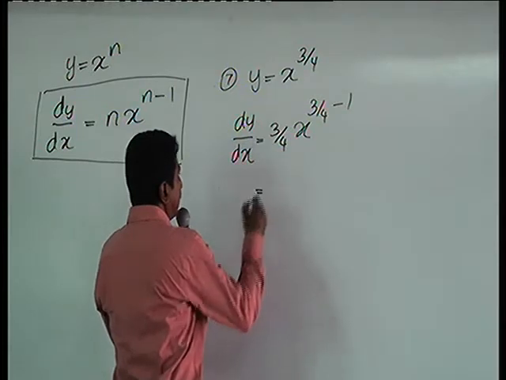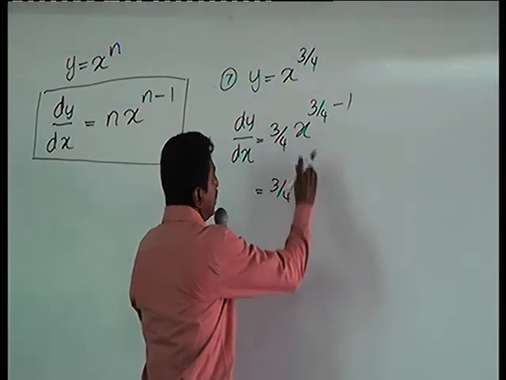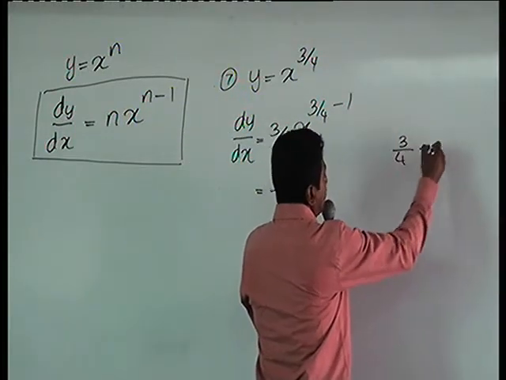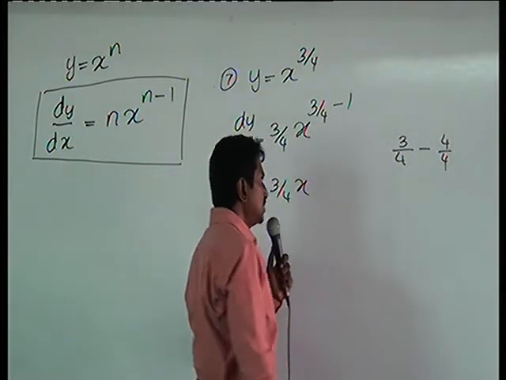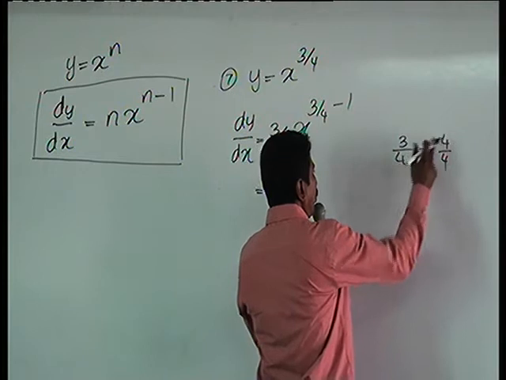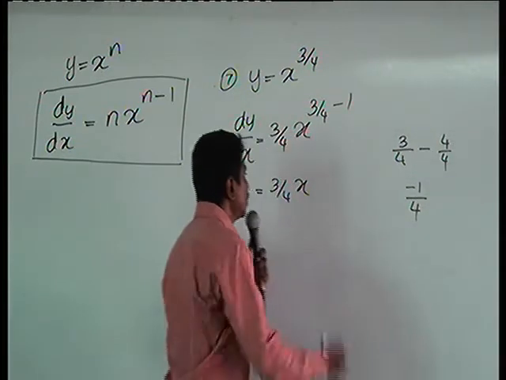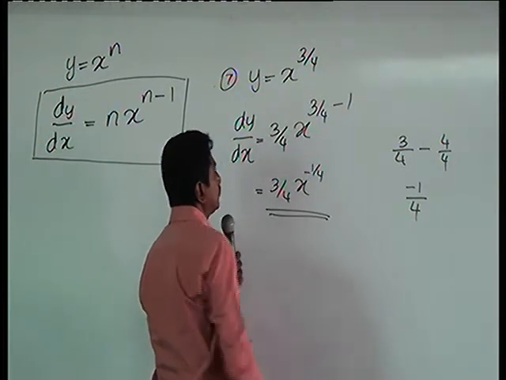So this is equal to 3 over 4 x to the power 3 over 4 minus 1. Minus 1 means 4 over 4. So here 3 minus 4 is minus 1 over 4. So the power is how much? Minus 1 over 4. This is the answer.